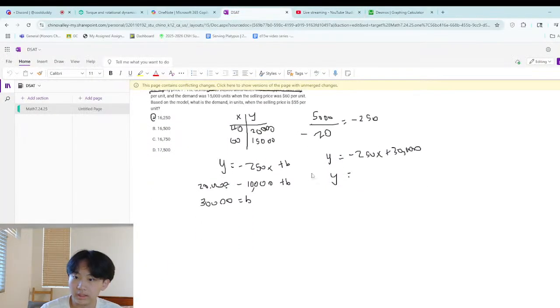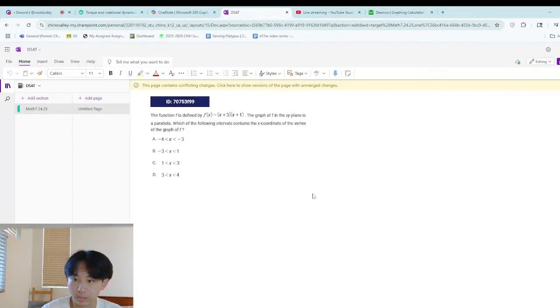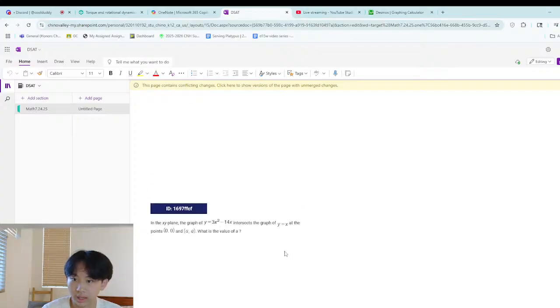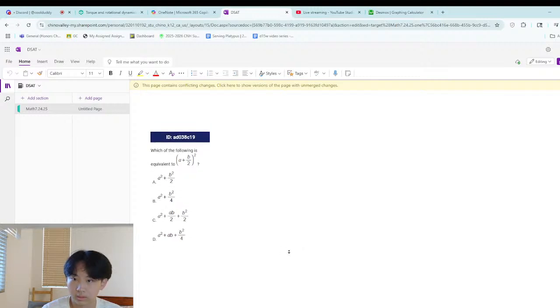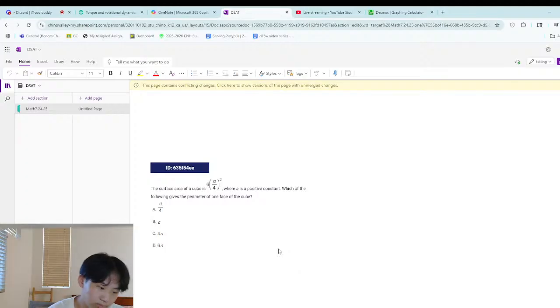Let's take a look at the next problem set. I want to skip to some geometry just so we can also look at that. Okay, let's take a look at this problem. Surface area of a cube is 6 times a over 4 squared, where a is a positive constant.